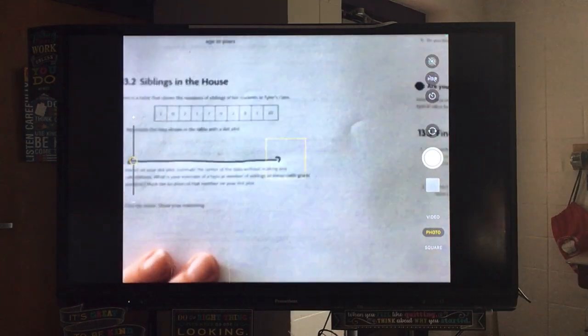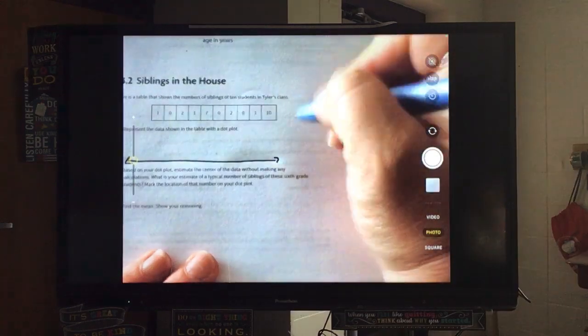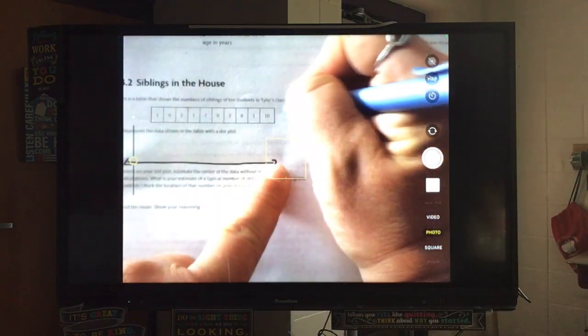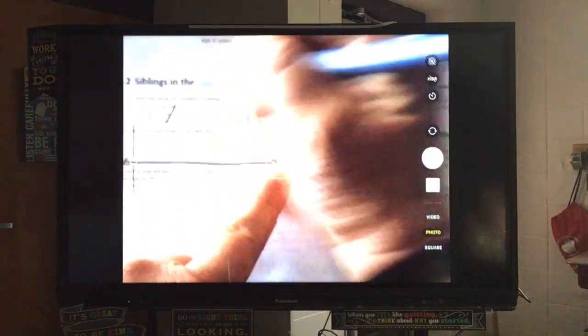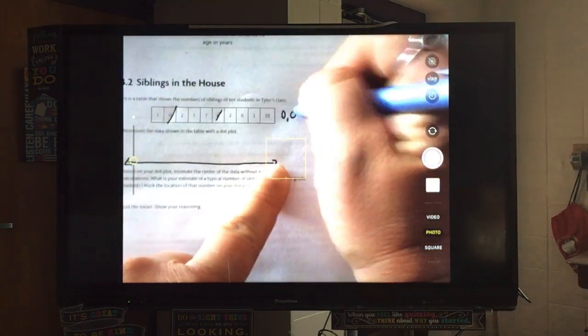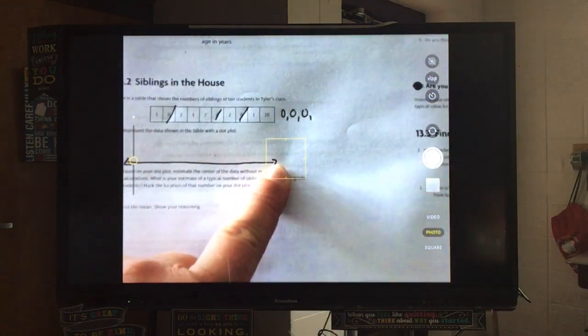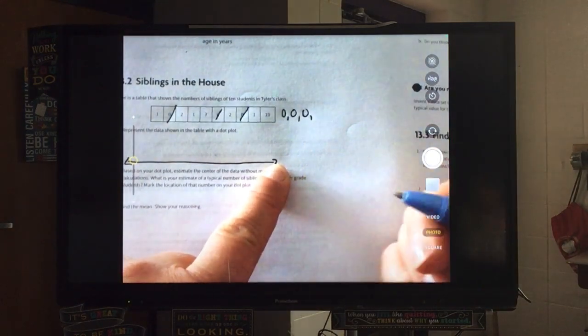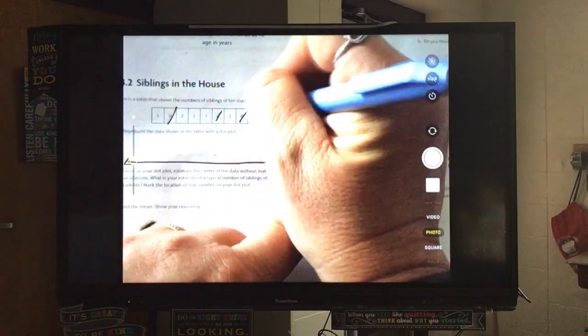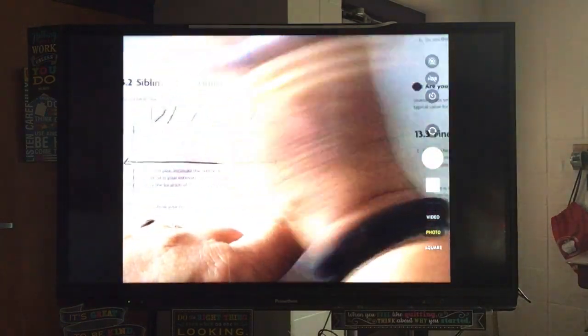Yes, so looking at our numbers, we have 0, 0, 0, right, 3 zeros. All right, then what number comes next? 1 and 1 and 1. So we have 3 ones as well.